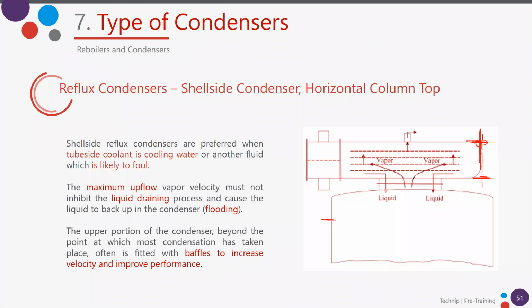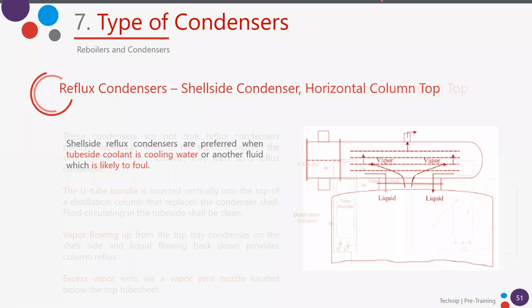So we place the inlet nozzle on the shell side here, and we avoid having pressure losses on the pipe. So for vacuum systems, this is very common.